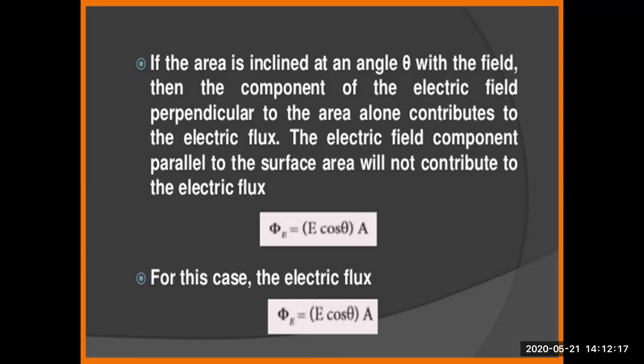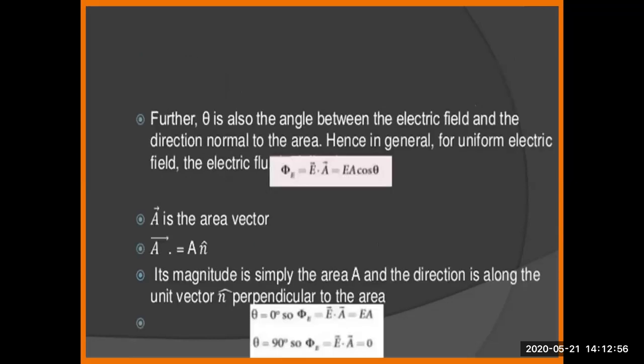We have to resolve this vector, this angle, into two components, horizontal and perpendicular. So we get only one component that contributes, cosine theta, where theta is the angle made with the line of action, and A is the area of that rectangular region. For this case, the electric flux is E A cos theta, where E is the intensity of the electric field.